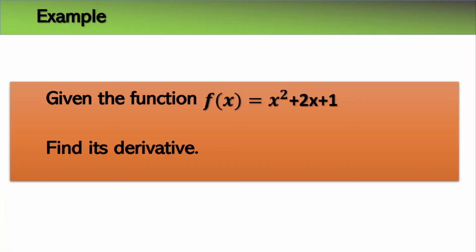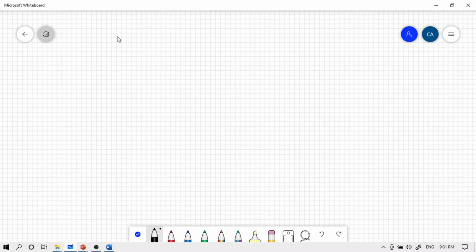So for our next example, given the function f of x equals x squared plus 2x plus 1, find its derivative. So from the given in our example, we have f of x equals x squared plus 2x plus 1.